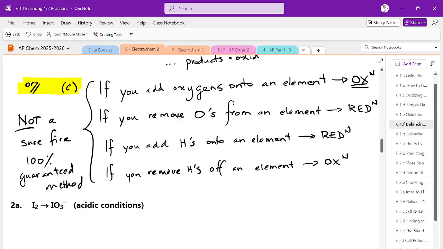Okay. Do you remember the order of the 4 things that we balance when we're balancing half reactions? What's the first one? Major. And what do we mean by major elements? Anything that is not oxygen or hydrogen.